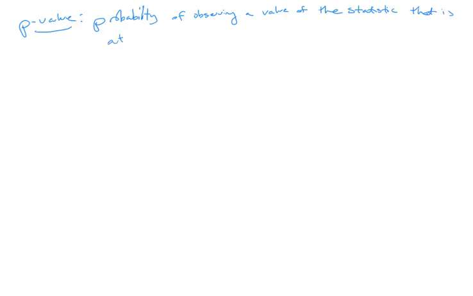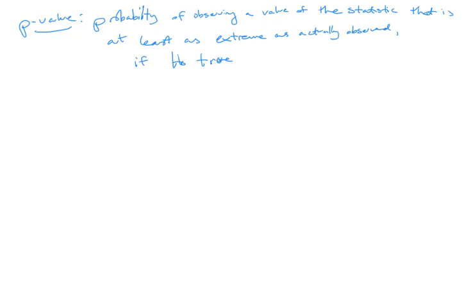So in general, a p-value is the probability of observing a value of the test statistic that is at least as extreme as you actually observed, and then crucially, if the null hypothesis is true.